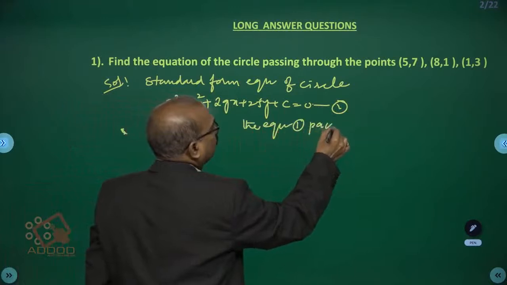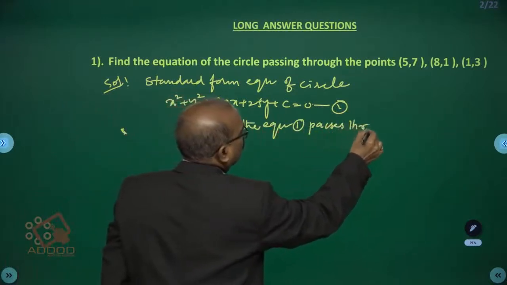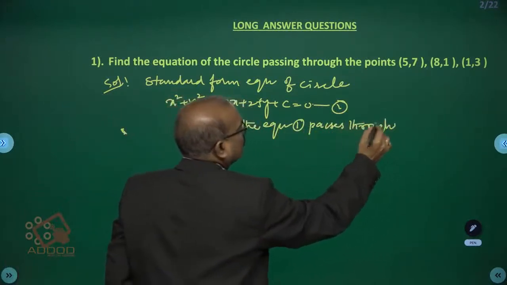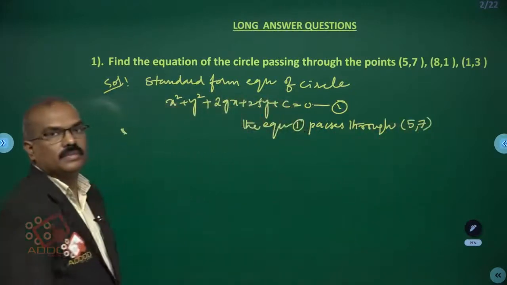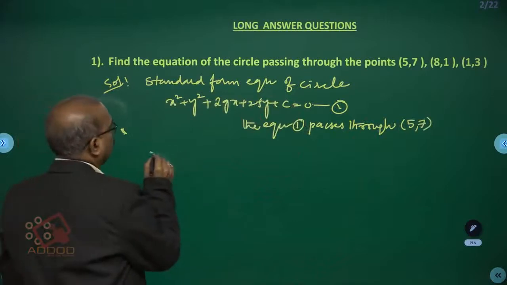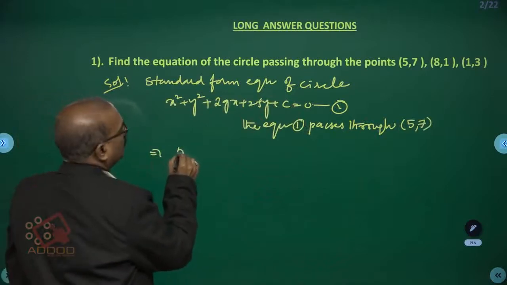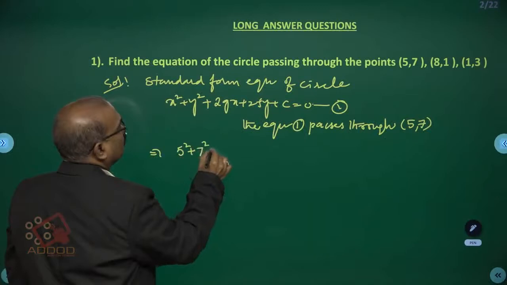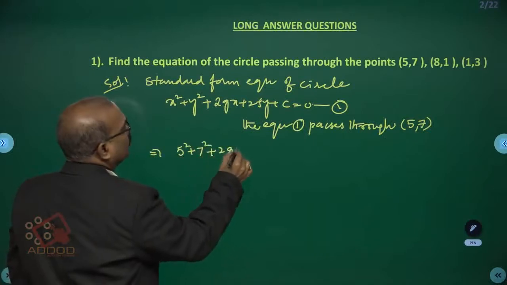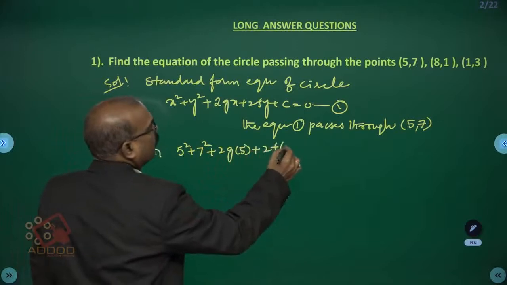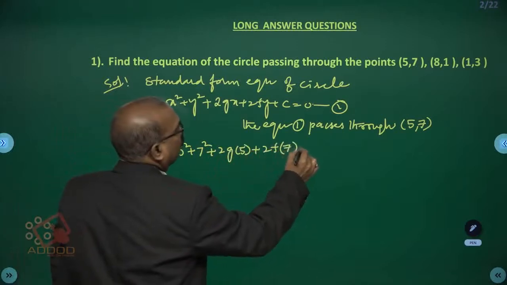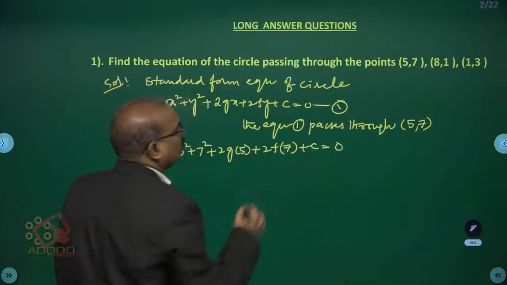Equation 1 passes through (5, 7). That is 5 square plus 7 square plus 2g into 5 plus 2f into 7 plus c is equal to 0.